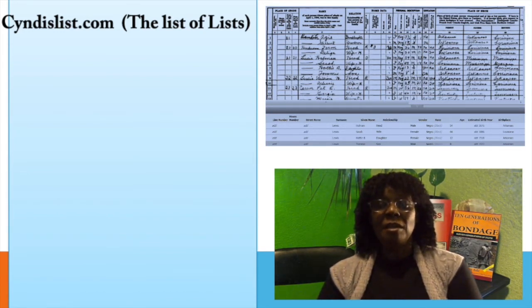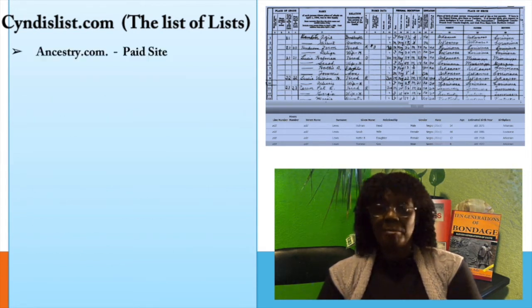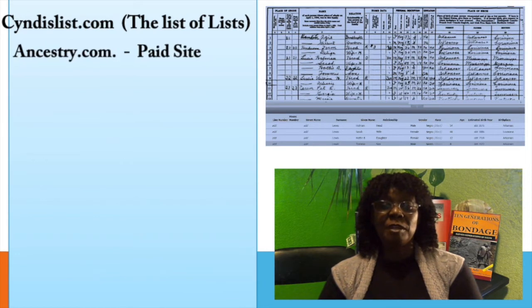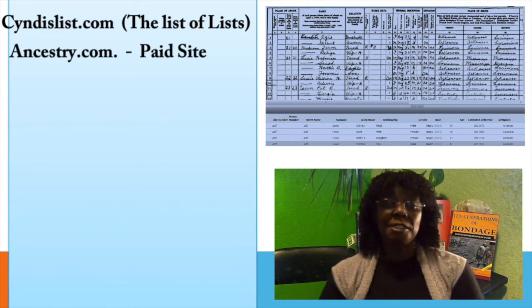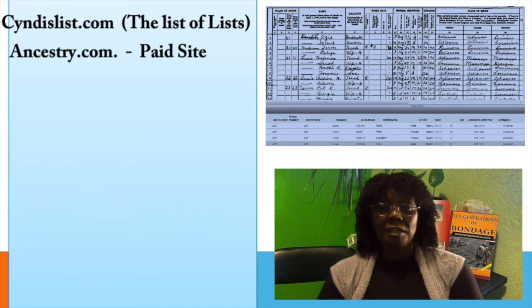Okay, the next one is Ancestry.com. I talk a lot about Ancestry.com. They've been around for 20 or 30 years. Ancestry.com is a paid site, unlike Cindy's List, which is a free site. But they do have a lot of documents, a lot of help videos, and a lot of resources to help you get through your genealogy.